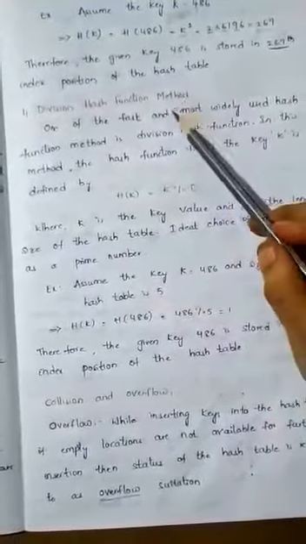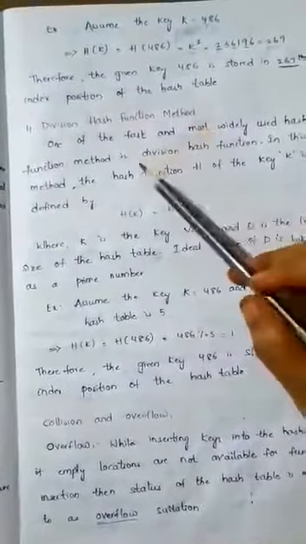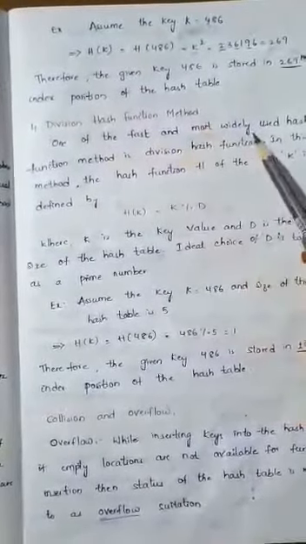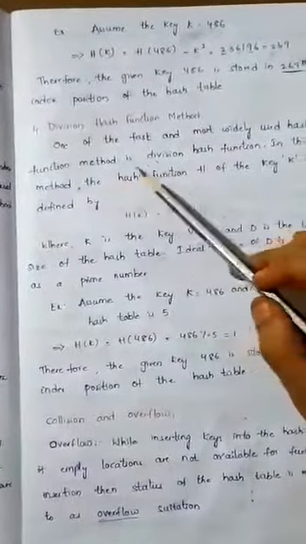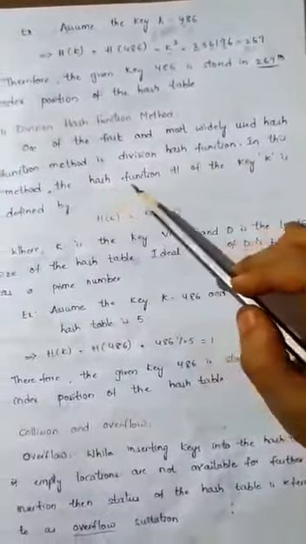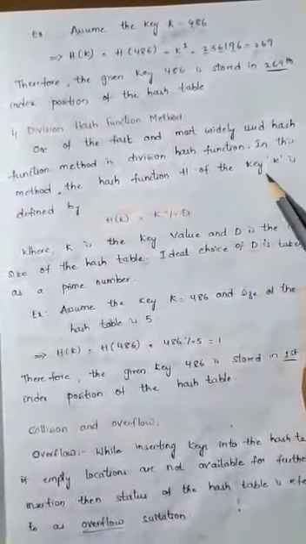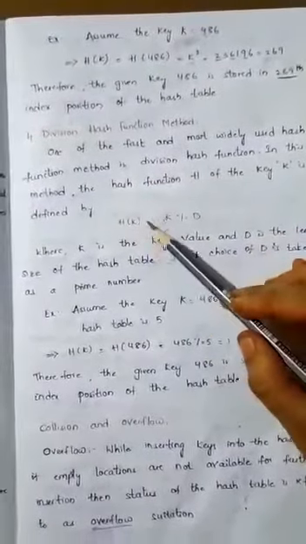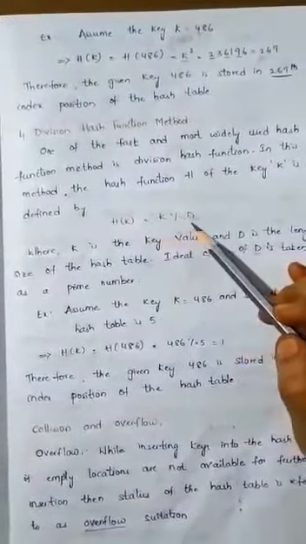Okay. So the next method is the division hash function method. One of the fastest and most widely used hash function methods is the division hash function. In this method, the hash function h of the key k is defined by h of k is equivalent to k mod d.